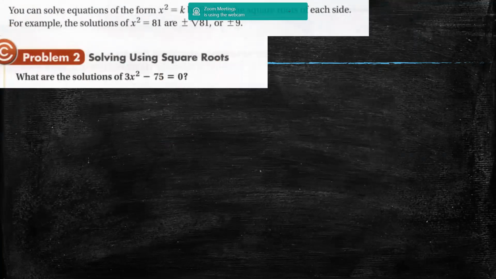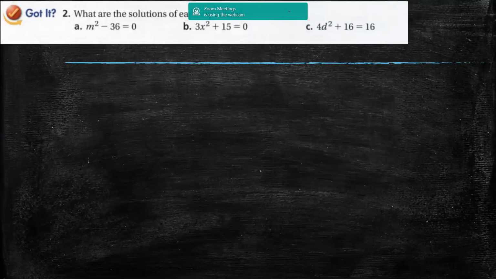This way, as you see now, works if there's no value of b. We said that before. This is now the standard form of the quadratic equation.